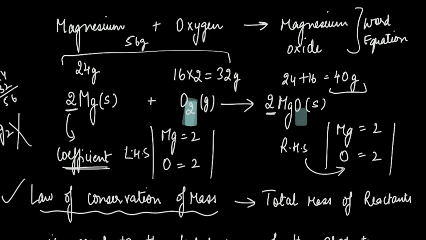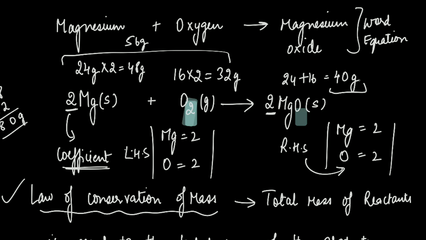But if we check the mass with the balancing, we have 2 atoms of magnesium now. If I multiply, 24 into 2 is 48. Now 48 plus 32 will be 80 grams.